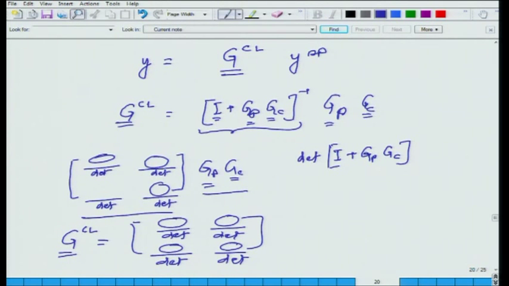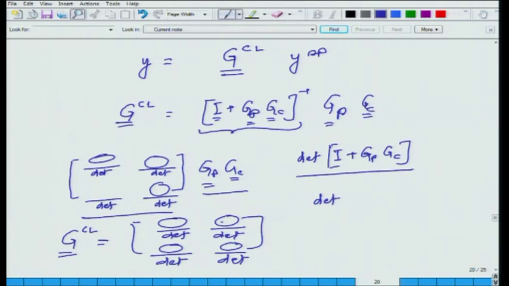Okay. So, this determinant occurs in all these transfer functions, in all the 4 transfer functions relating y1, y2 to y1 set point, y2 set point. Therefore, this determinant actually determines the stability of the closed loop multivariable system, because when I change the controller tuning, the determinant changes, therefore, the denominator changes, and therefore, the roots of the denominator change.